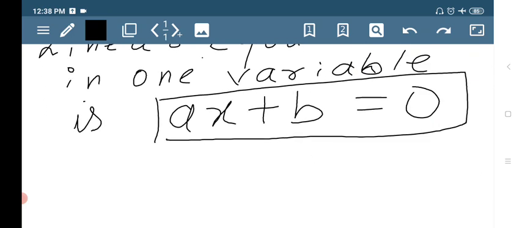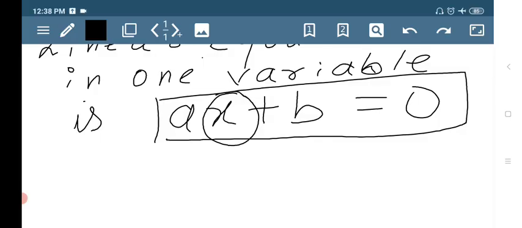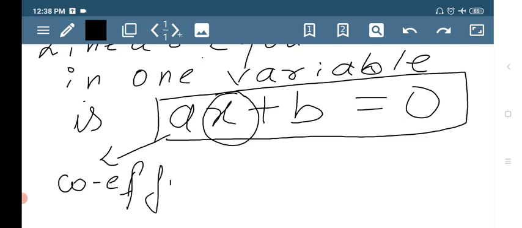Where is the one variable? Here, that x is one variable, okay, and a is a coefficient. A is a coefficient of whom?